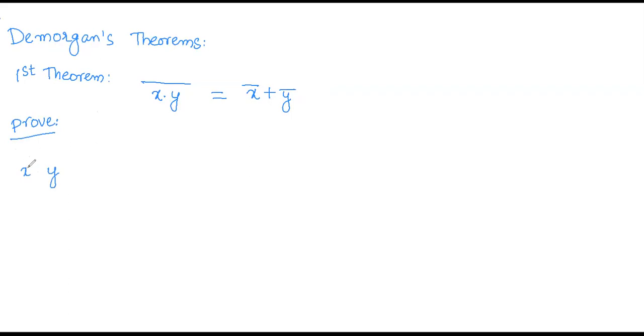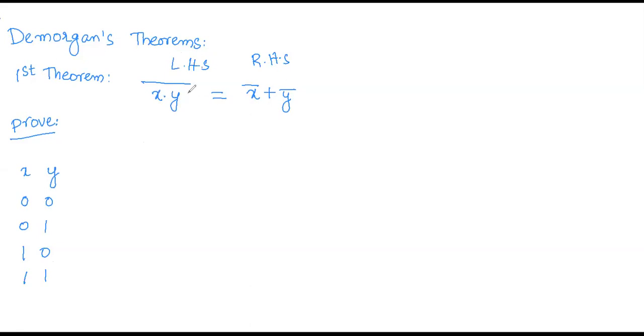So x will take either 0 or 1, and y will take either 0 or 1. So we will have four combinations: 0 0, 0 1, 1 0, 1 1. Now you need to prove LHS is equal to RHS for all the combinations.